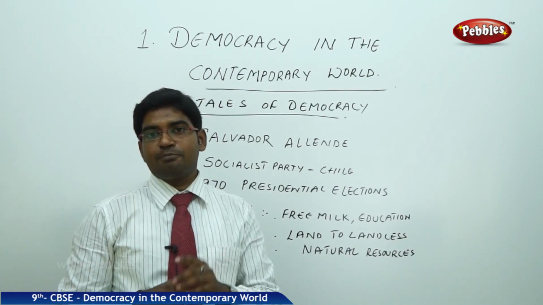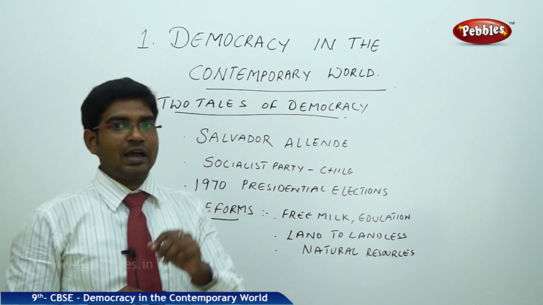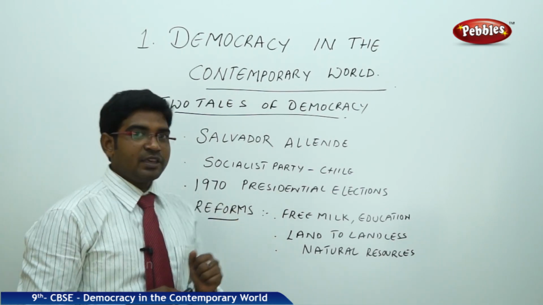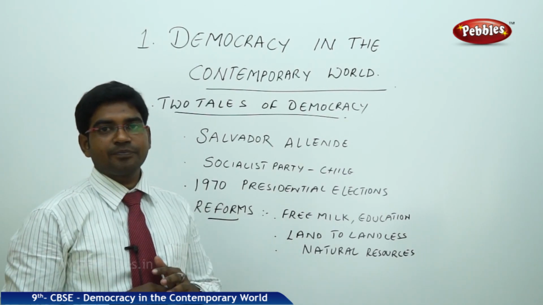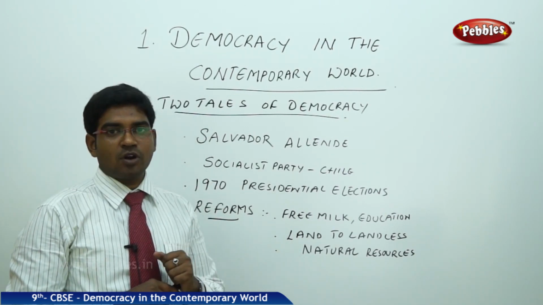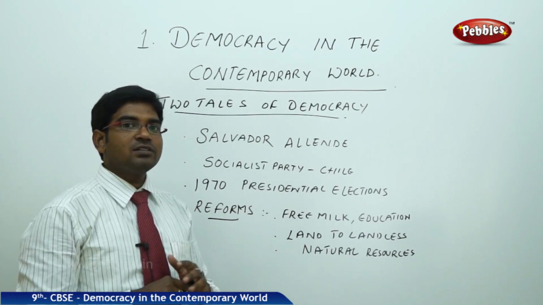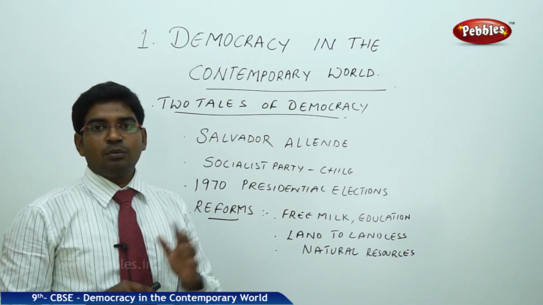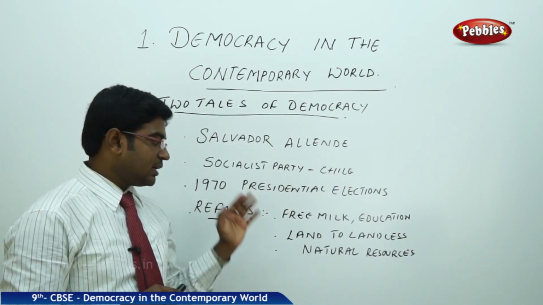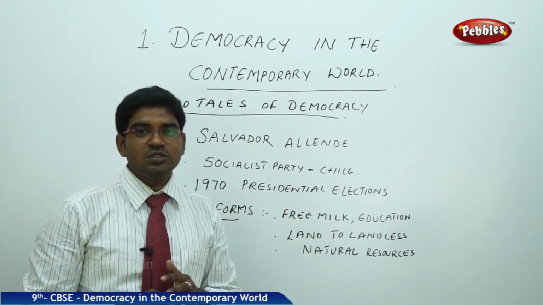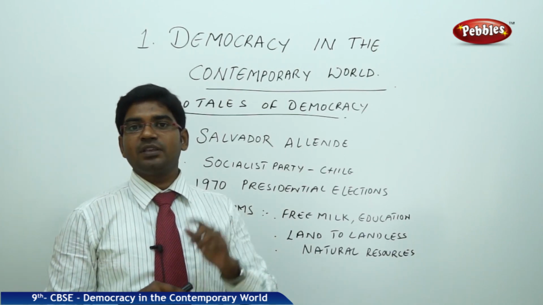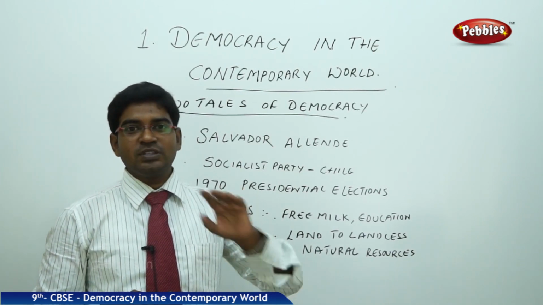The main important reforms he brought are: first, free milk and education for the children. Second, providing land to the landless poor farmers. Third, the natural resources which were under the control of foreign companies; he started to oppose this.